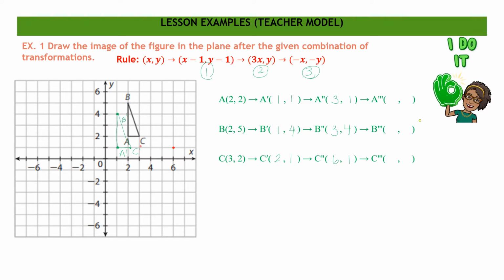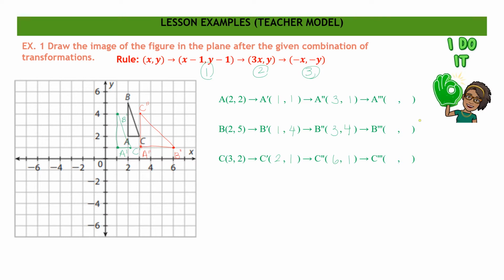So we have our new transformation, which gives us A double prime, B double prime, C double prime. All right, and then our last transformation we see here is a rotation.